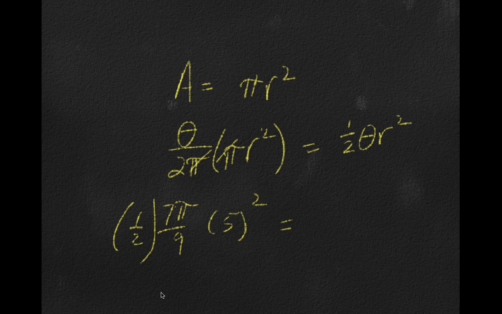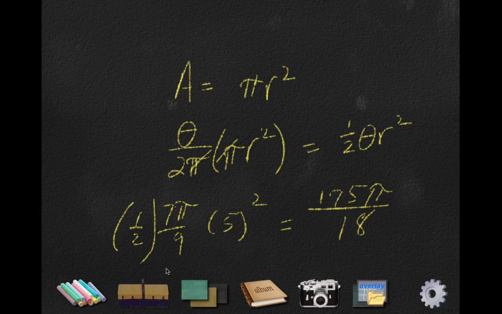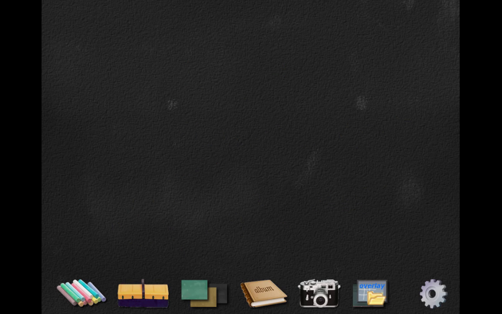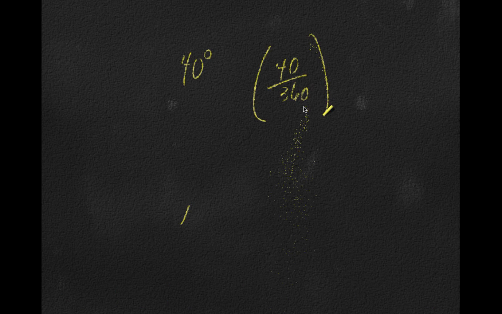Let's do one of each if you're given degrees. Suppose that instead you were given 40 degrees. The way you might have done it in the past is to say that's 40/360ths of the circle, and let's say r is still 5.